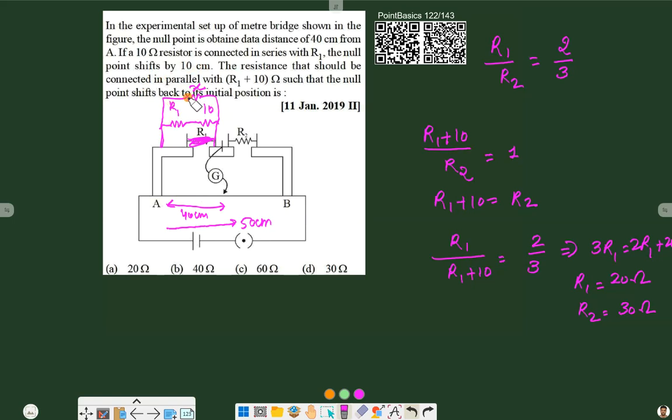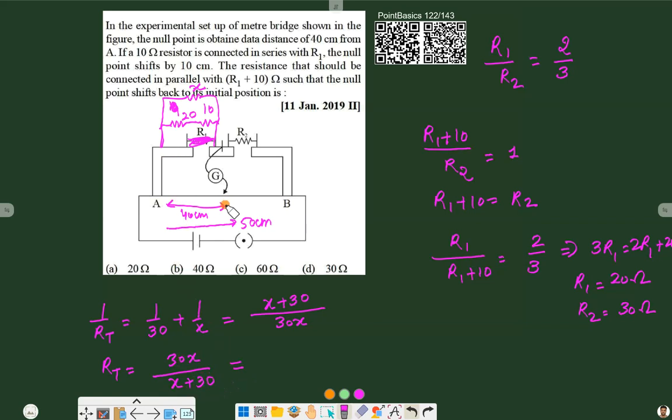As we know the value of R1 is 20, 20 and 10 in series will give us 30 ohm, and the total resistance of this whole parallel circuit will be 1 by RT is equal to 1 by 30 plus 1 by X. So RT is equal to 30X by (X plus 30).